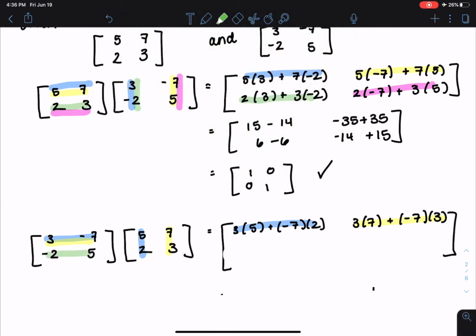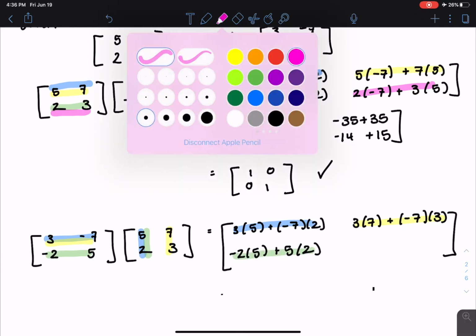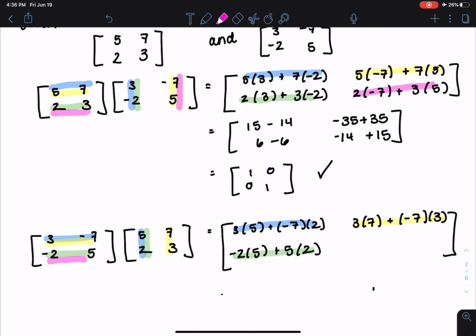Then second row, first column gives us this spot. So we get -2 times 5 plus 5 times 2. And finally, second row, second column gives us this last piece.